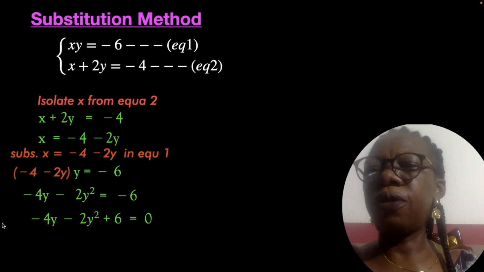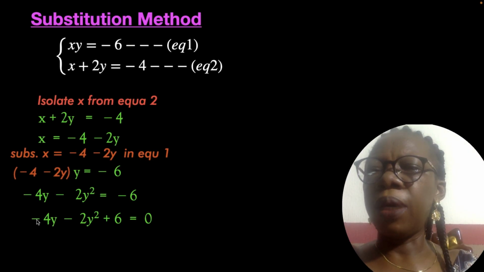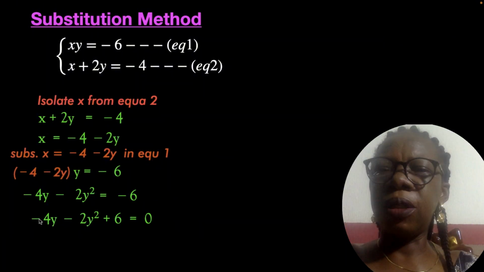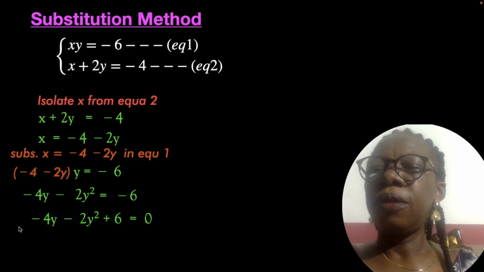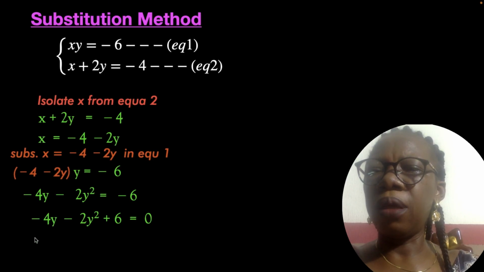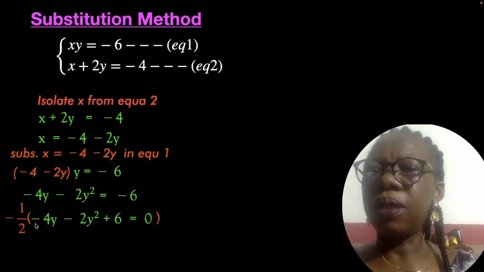Okay, we can do something else. 2 is common, and we can remove this minus by multiplying the whole equation with minus. So we can multiply this equation with minus 1 over 2. Minus 1 over 2 times minus 4y, we have 2y.